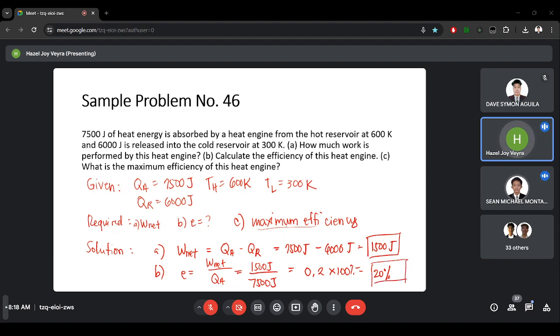So class, why do you think the formula that we used here is the W net over QA and not the formula including the temperature? Anyone who wants to give his or her input?